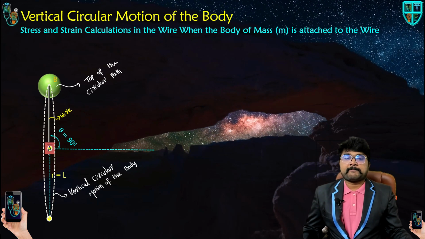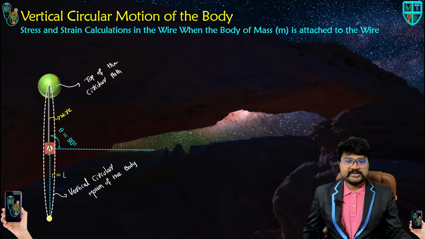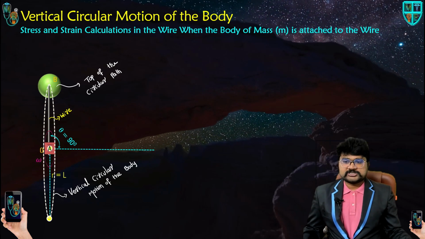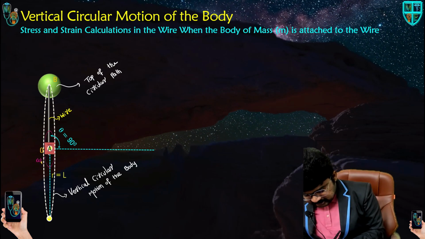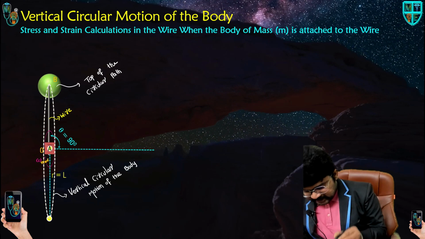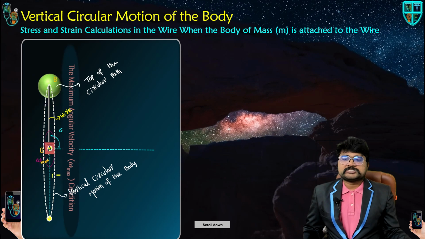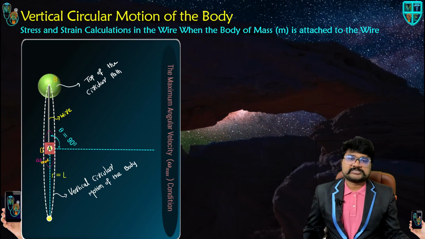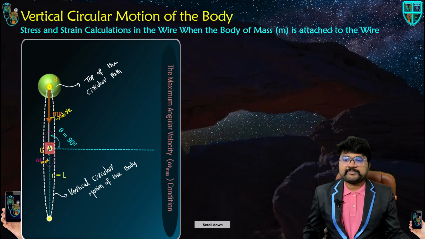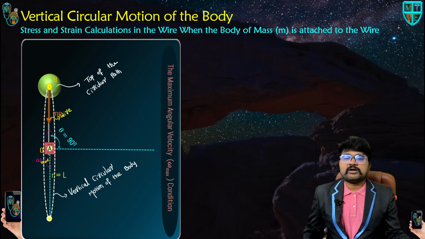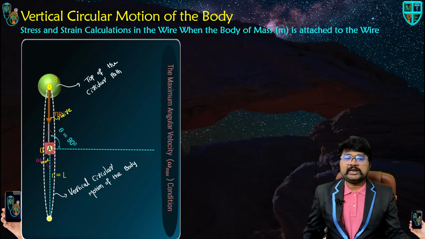Here we are discussing the maximum angular velocity condition. Now the angular velocity omega equals omega maximum. Draw the free body diagram. The weight of the body always acts vertically downward.